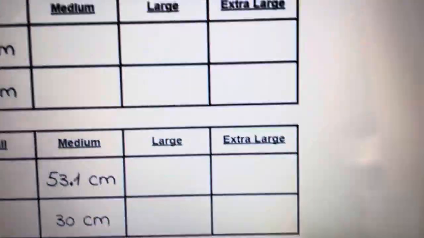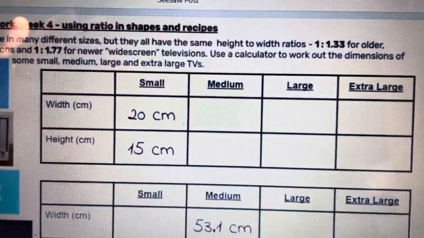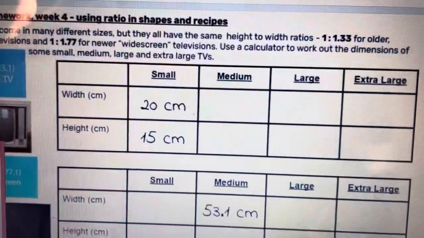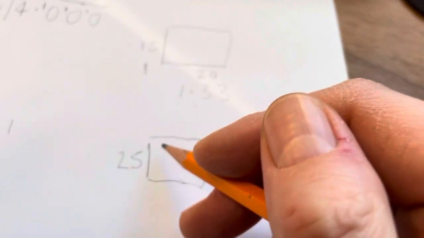So let's do another one. Let's say a medium-sized one. Let's start with the height again. This time, let's make the height bigger. The last one, the height was 15. This time, I'm going to make the height 25 centimeters. That's a medium-sized television. Then I'm going to take 25 and multiply it by 1.33.